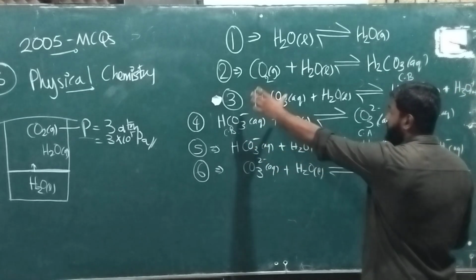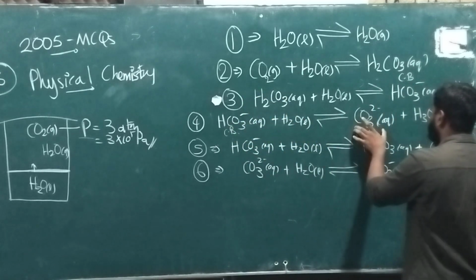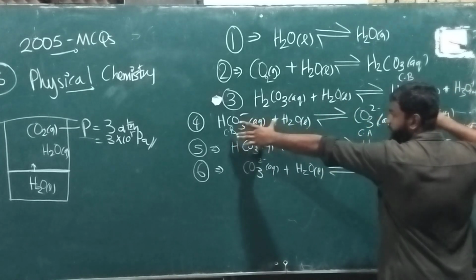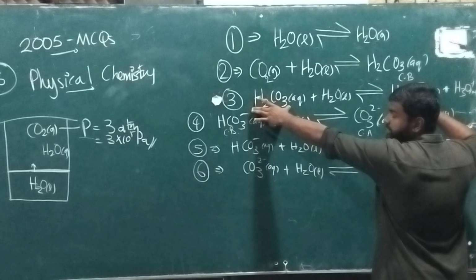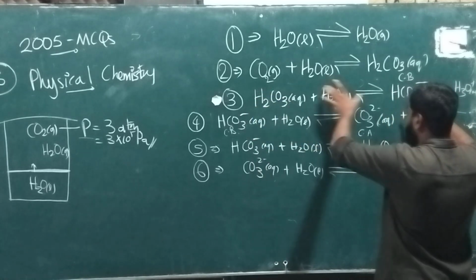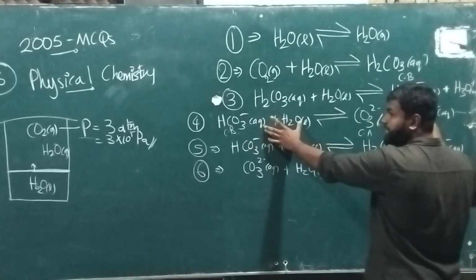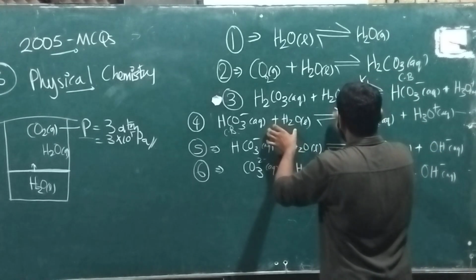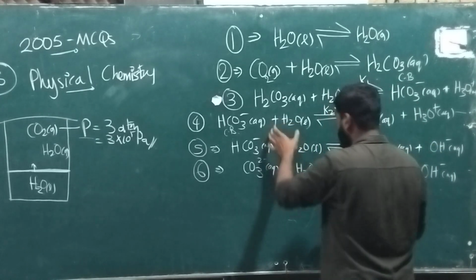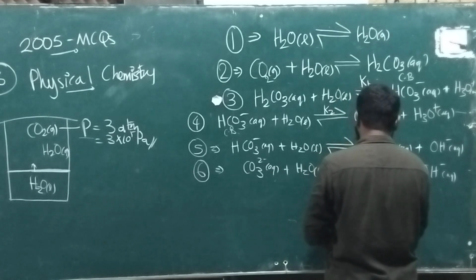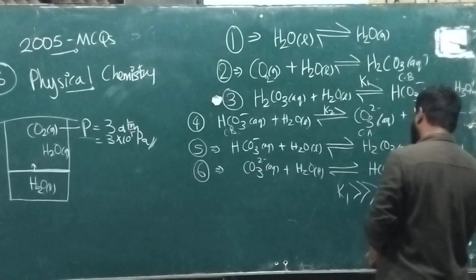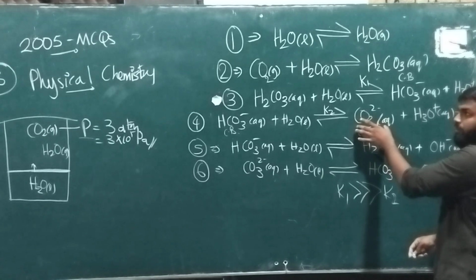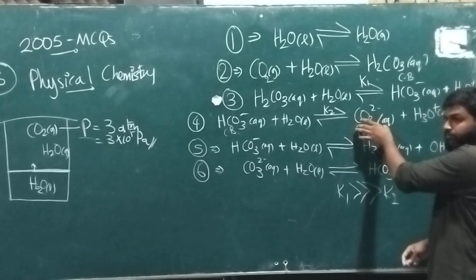Consider the bicarbonate dissociation and the carbonic acid dissociation; this dissociation constant is very small. If you say this one is K1 and K2 over here, K1, the dissociation constant, is very much larger than K2. So the amount of carbonate ion formed is really small.